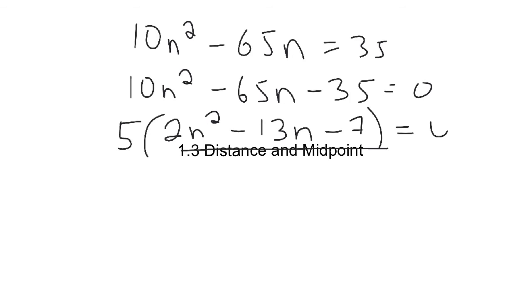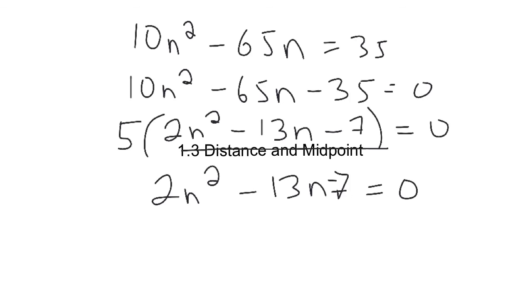Now I can divide by 5. So I get 2n squared minus 13n minus 7 is equal to 0. Now the question is, how do we solve this quadratic equation? I recommend that you use the quadratic formula or factor. Again, this example is challenging, but I still want to challenge my students.